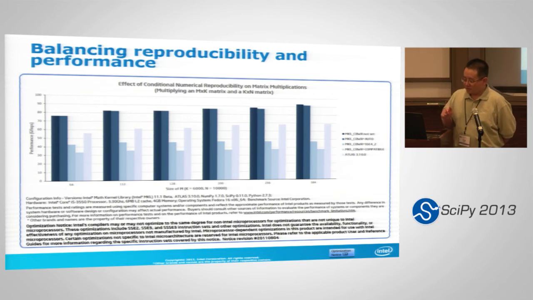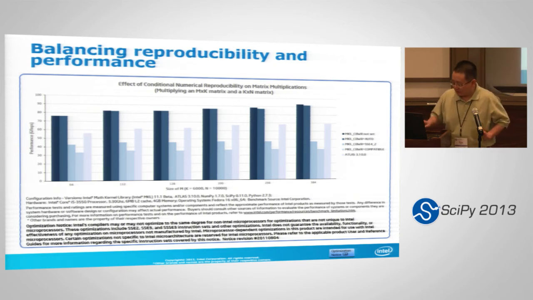And for the next bars, if we want reproducible results on older generation architectures, then we set the environment variable to SSE 4.2 or 4.1, and we see the performance drop, sometimes more than 50%. And to put everything in context, the light gray bars on the right-hand side are Atlas performance. That sets everything in context.